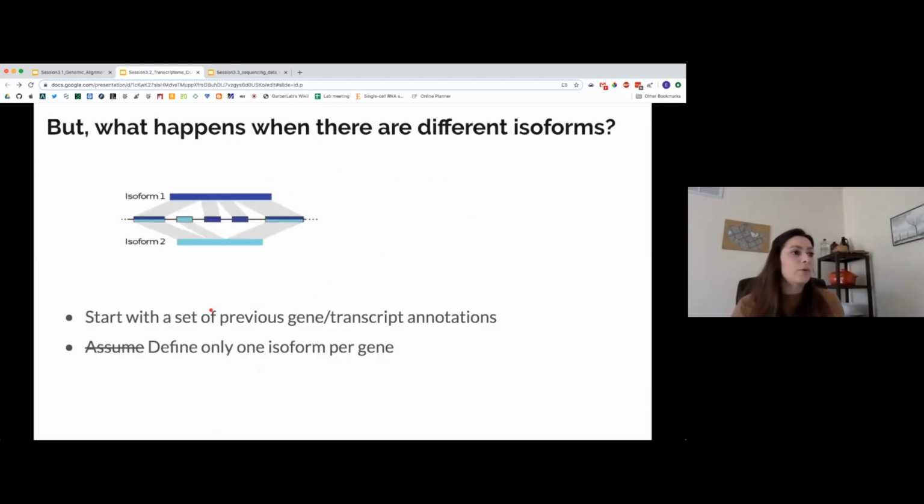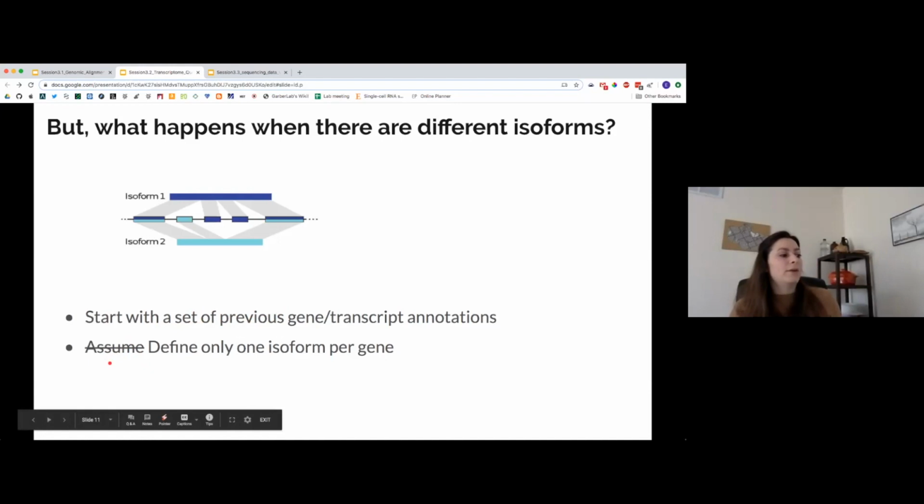All right, so let's go back to our quantification problem and now revisit our previous assumptions. Again, we're going to keep it simple and say we know all the transcript annotations that should exist. But now, instead of assuming that we have one isoform per gene, let's say we want to use isoforms.